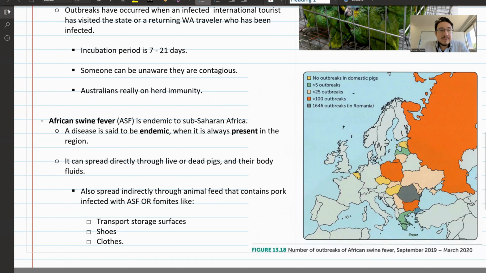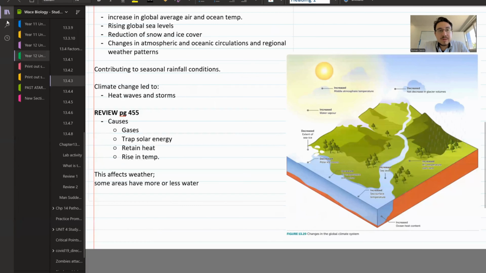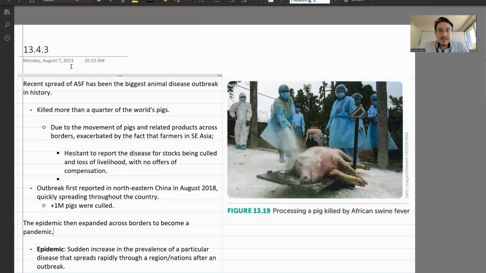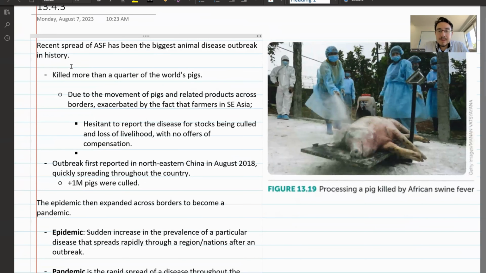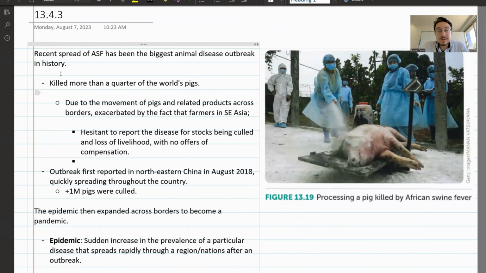And what contributed to this also was that farmers weren't reporting their sick pigs, their sick livestock, and that gave big implications.